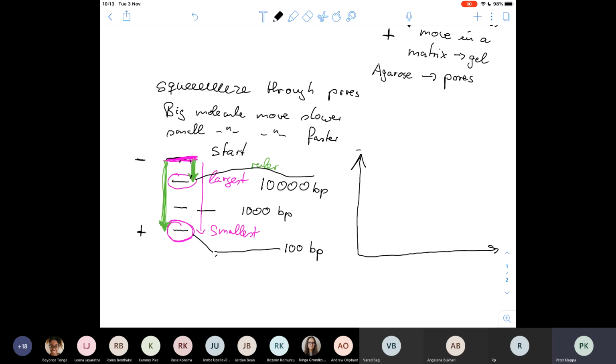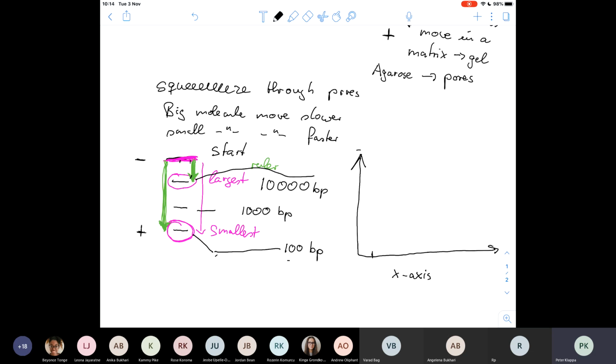What would go on the x-axis? We can either have fragment size or distance traveled. What should we plot on the x-axis? Yep, exactly. We would put down the fragment size.